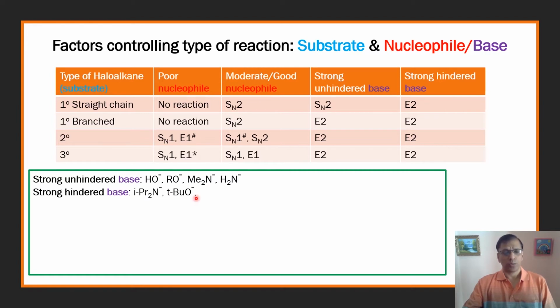So what's an unhindered base? Well, you have hydroxide, alkoxide, dimethylamide. These are all unhindered bases. An example of a hindered base is t-butoxide. This is tertiary butoxide, and this is the diisopropylamide anion.